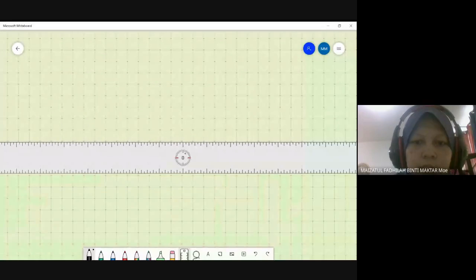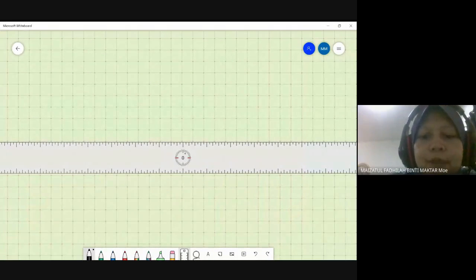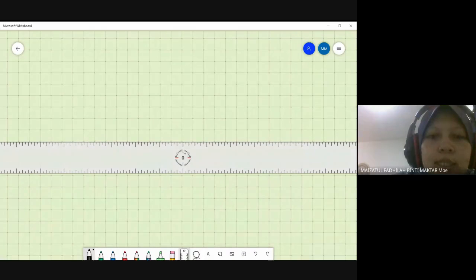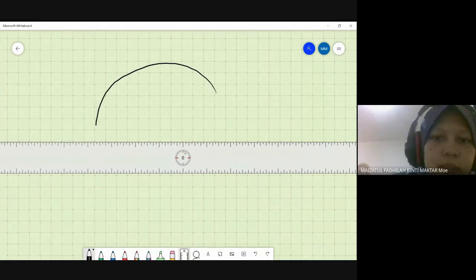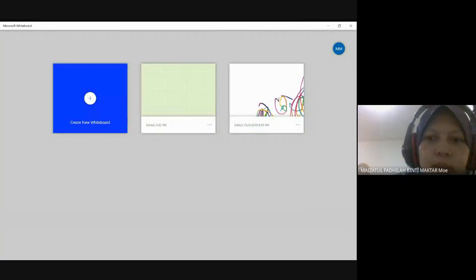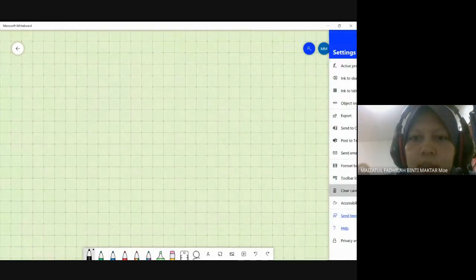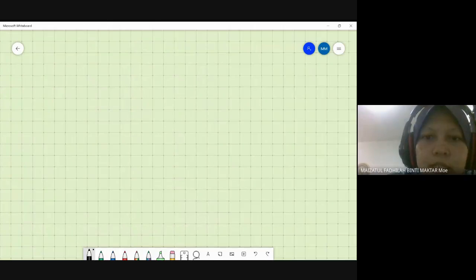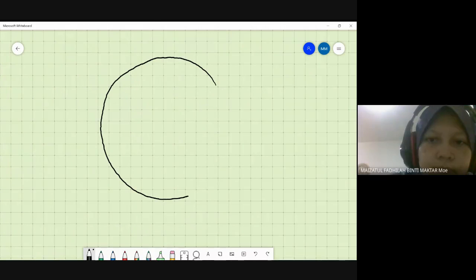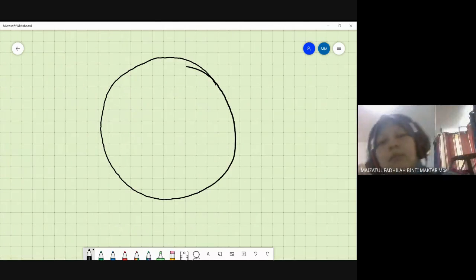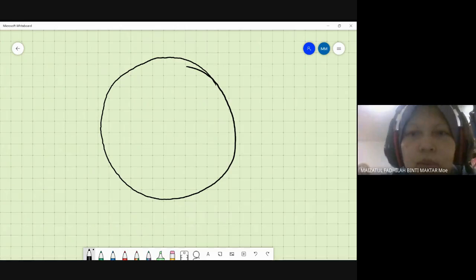So I remove my ruler first. First you draw a circle. Oh my god, not so beautiful.